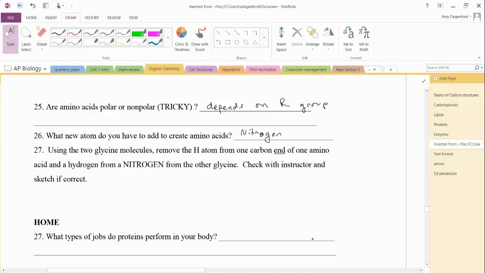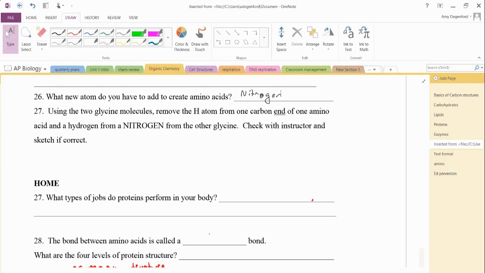And then what we can do with these amino acids, just as we've seen with the monosaccharides and the fatty acids and glycerol, we can actually connect them together. So let's just go ahead and draw a glycine. And we'll draw another one right next to it.